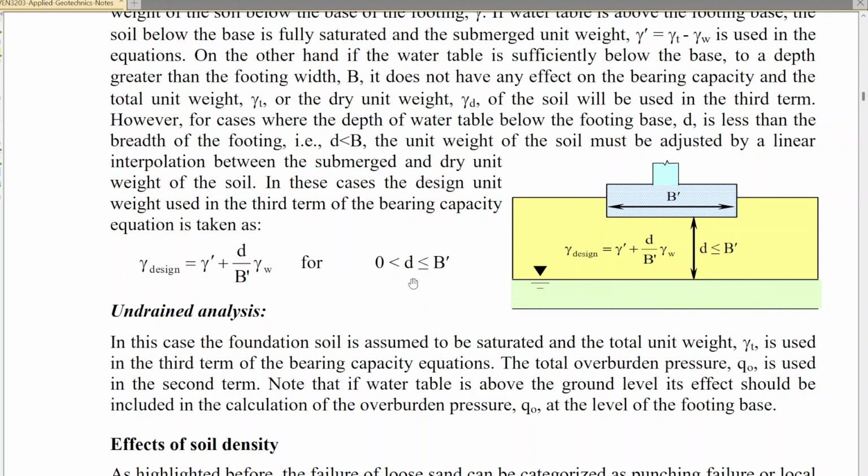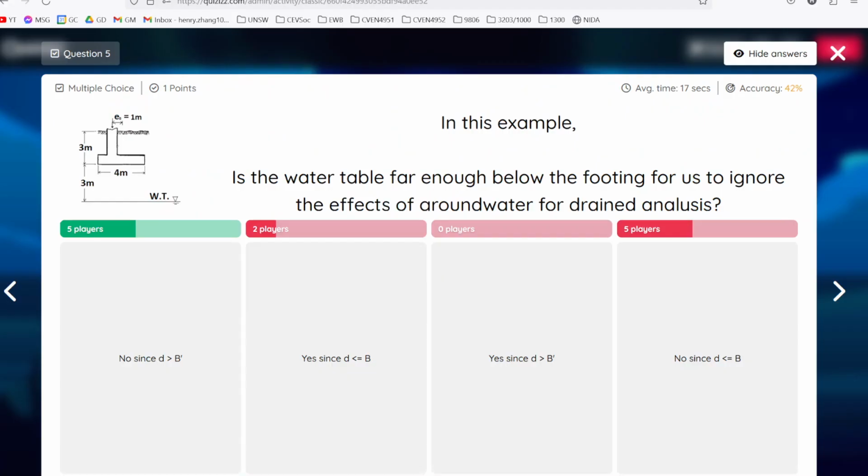The idea is that if the water table is in this kind of region that's in between these two cases, you have to interpolate it in some way, right? You have to partially account for the effects of groundwater, and that's what that equation there is for, right? And it's relative to the effective width. So in that question that I asked you guys, our effective width, B dash, is going to be 4 meters minus 2 times 1 meter, which was the eccentricity.